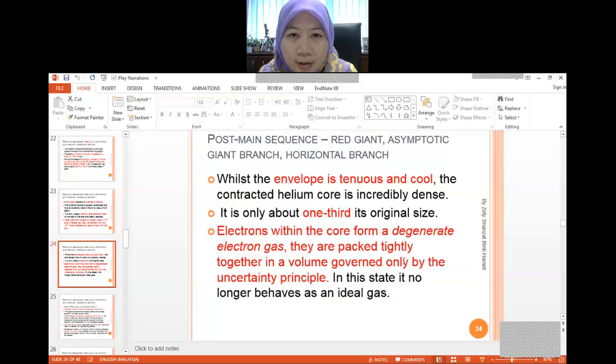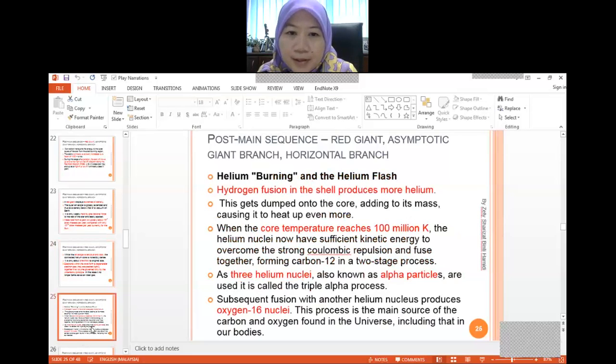So it's about quantum mechanics too. And this no longer behaves as an ideal gas because we are in the form of a degenerate electron gas. All right.